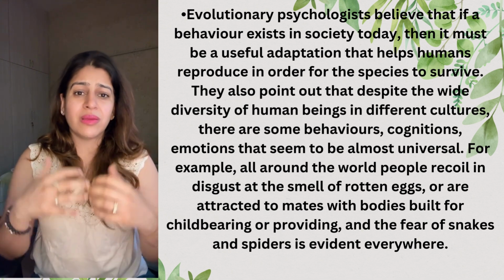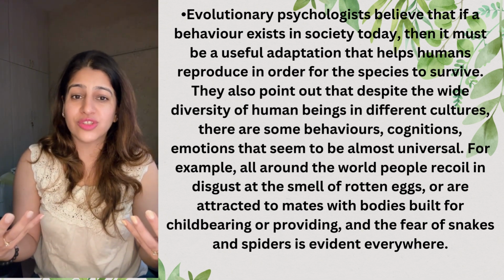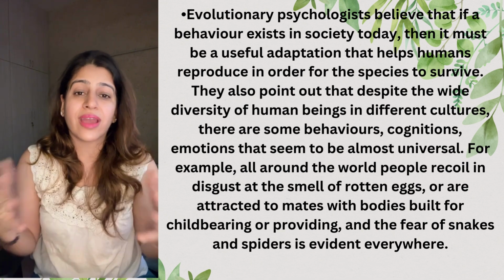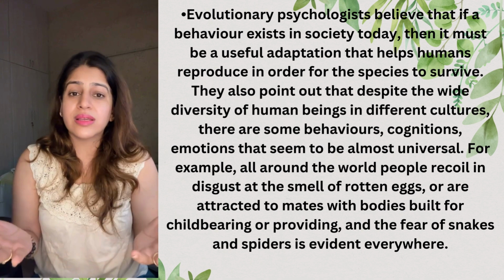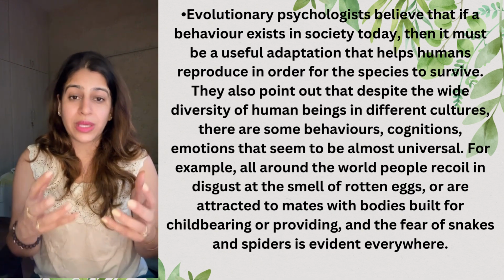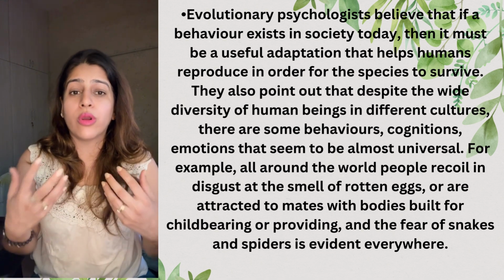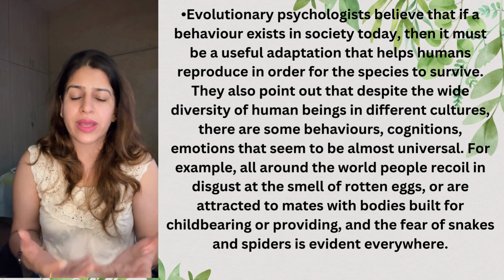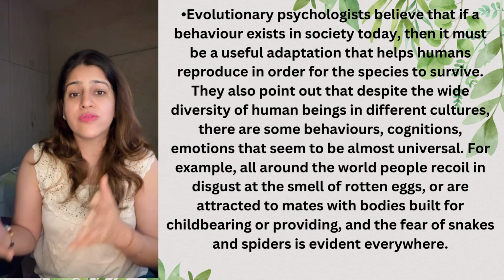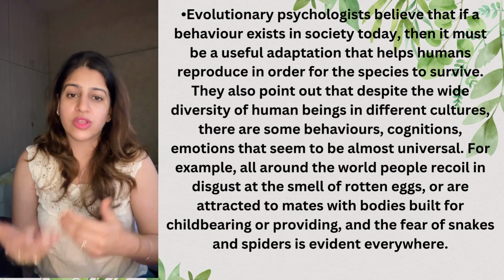At the same time, smile is one of the gestures that is found worldwide. And there are other things, like getting attracted to people who have bodily features that are more inclined towards childbearing, so we get attracted to those kinds of features, for the sake of offspring.